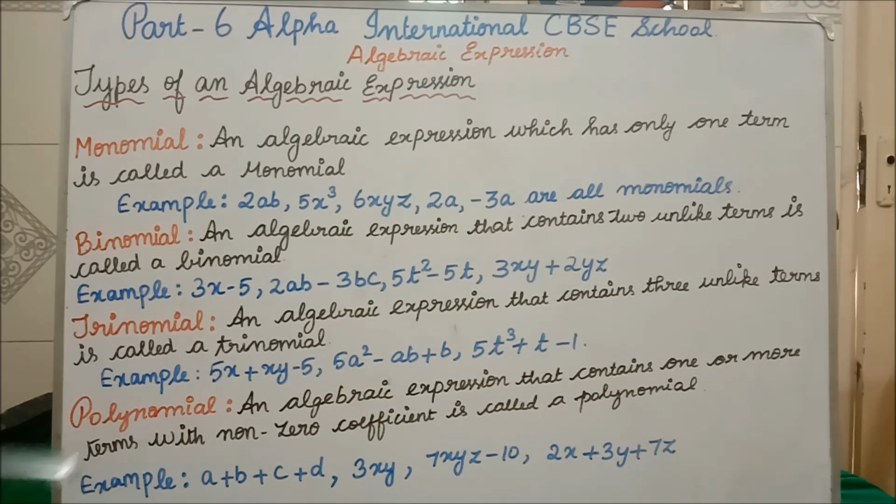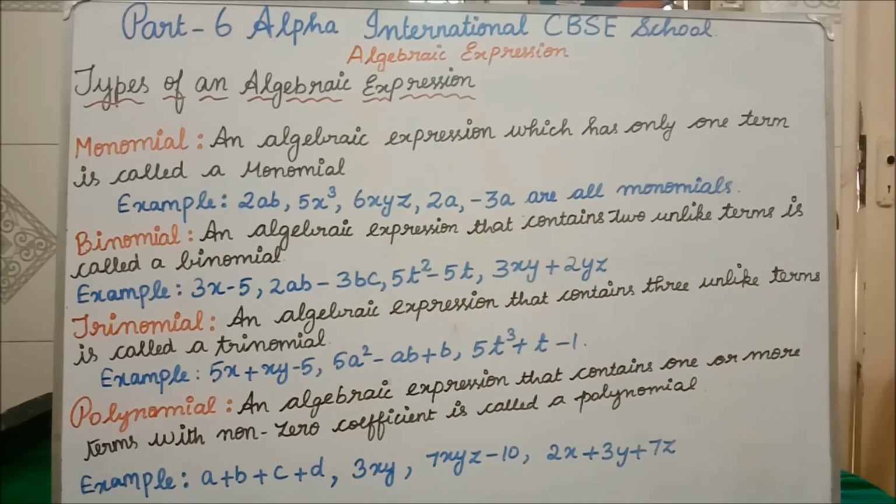Similarly, 2ab is the first term and minus 3bc is the second term. This is also having two unlike terms. Similarly, 5t square minus 5t, how many terms? Two unlike terms. So these are examples of binomial. Binomial means it contains two unlike terms.